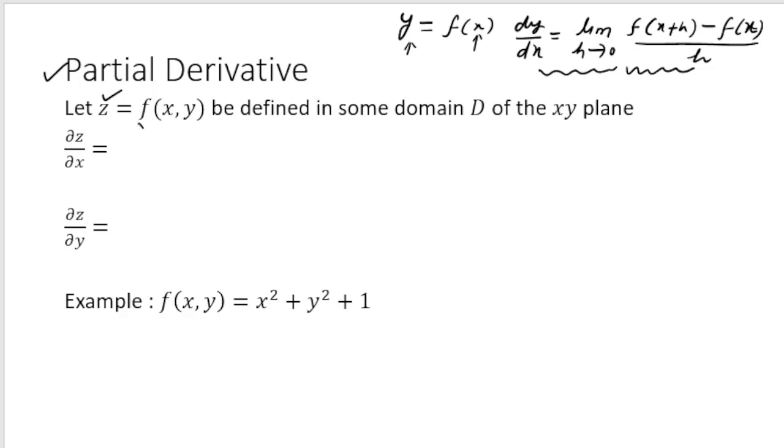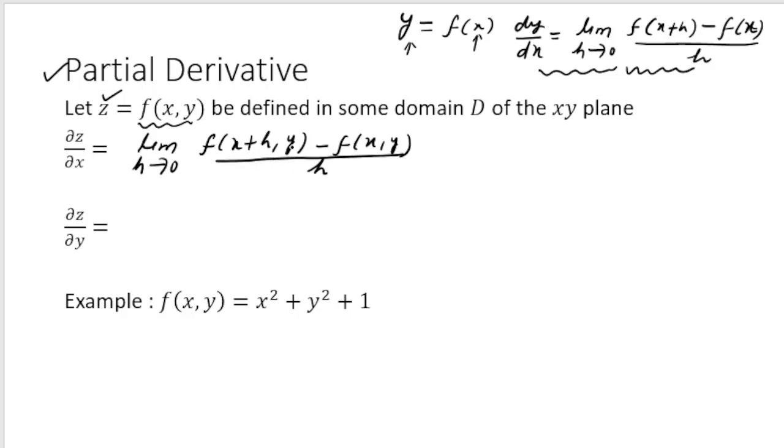If I am differentiating this function partially with respect to x, how do I define the partial derivative? We write limit h tends to 0 of f of x plus h comma y minus f of x comma y divided by h.